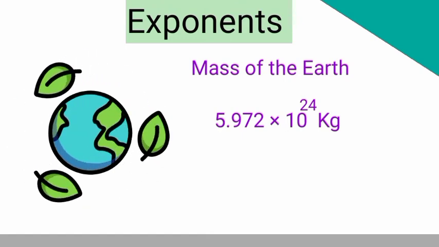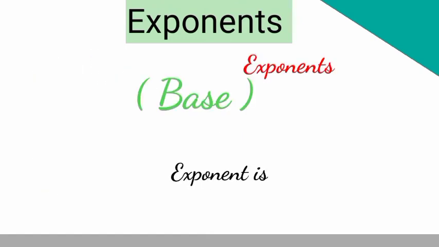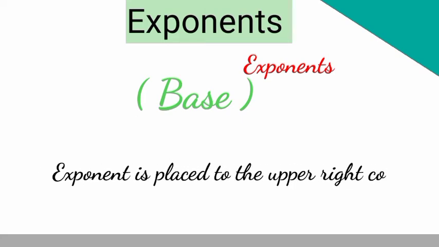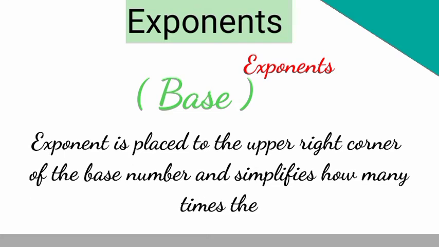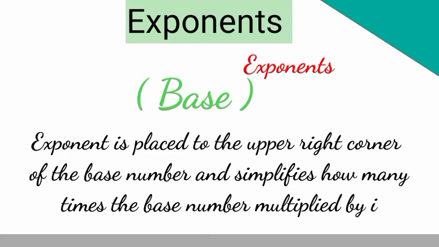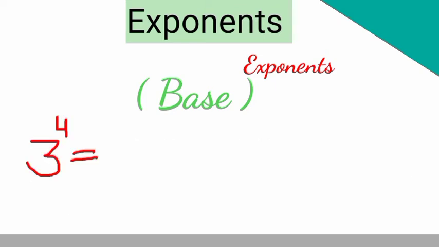Right? So what is exponent exactly? Exponent is placed to the upper right corner of the base number and signifies how many times the base number is multiplied by itself. For example, 3 raised to the power 4. Here base is 3 and exponent is 4.